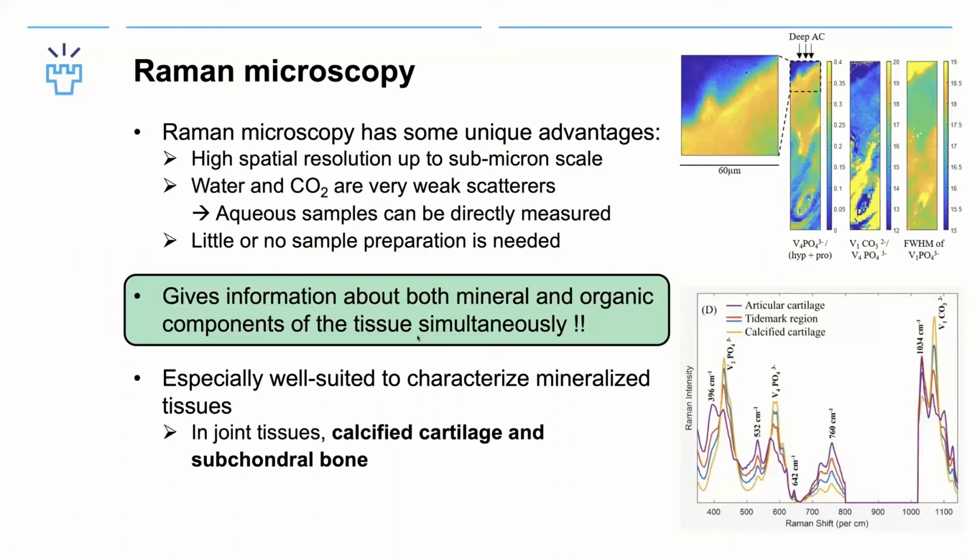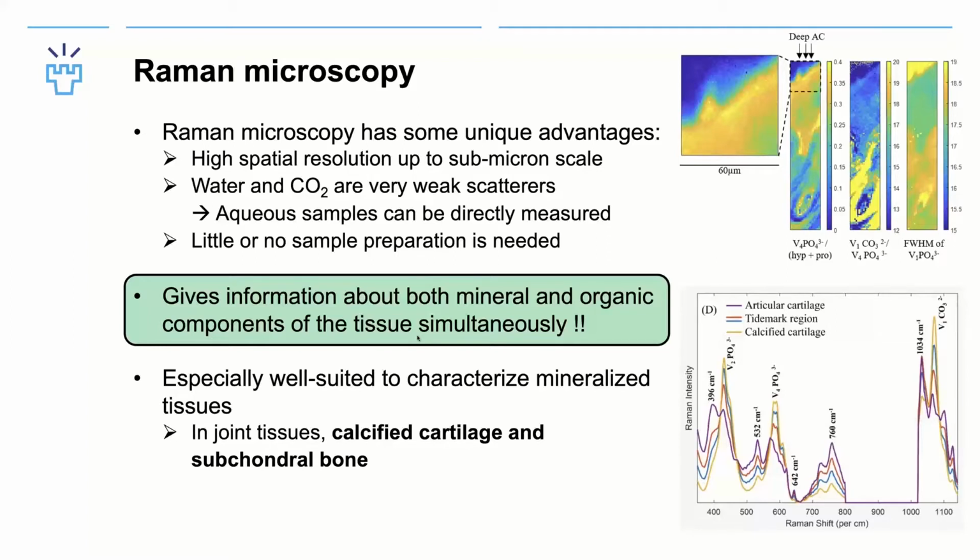Basically we just need a flat surface where we can measure the scattering. And Raman microscopy in this situation gives information about both mineral and organic components of the tissue simultaneously. Because of that, it is especially well suited to characterize mineralized tissues.